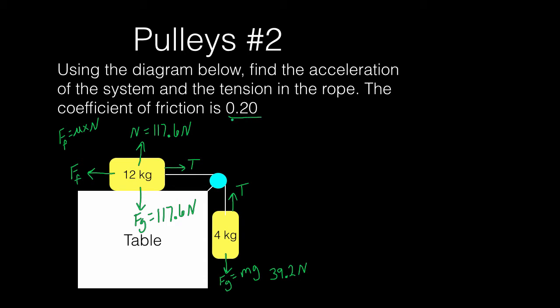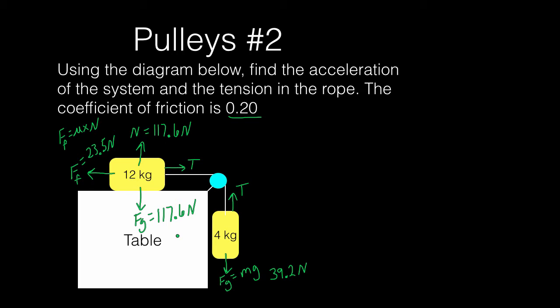So I'm going to take the normal force, 117.6, times 0.2, and I'm getting 23.5. So this force is equal to 23.5 newtons. Okay, and so right now we filled in our free body diagram of all the different forces that we can.